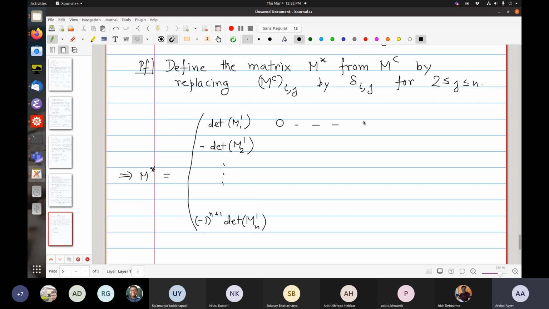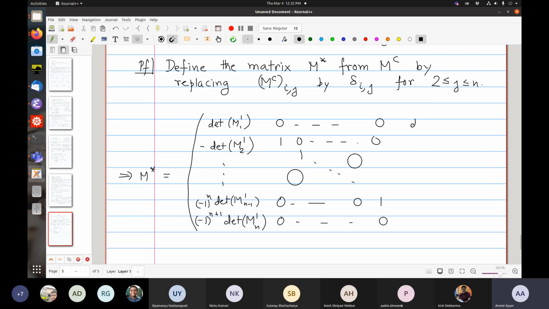The first row after that will be 0. Or maybe I should do one more entry. So this is minus 1 to the n, determinant of M1n. And the next row here will have a 1 and then all zeros. And the last but one row will have all zeros and 1. And there'll be ones over here and 0.